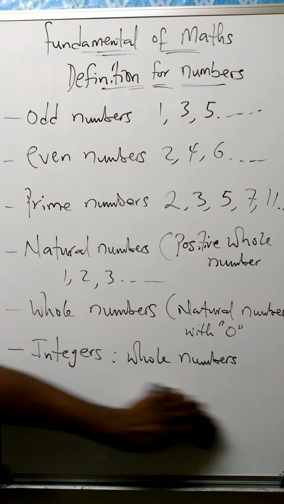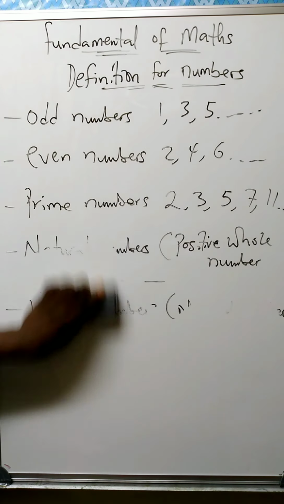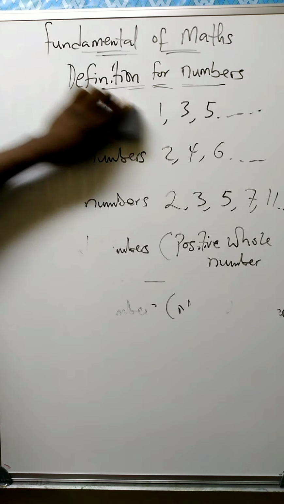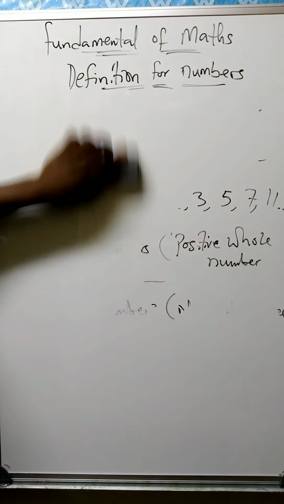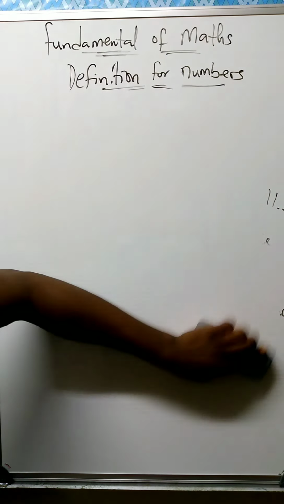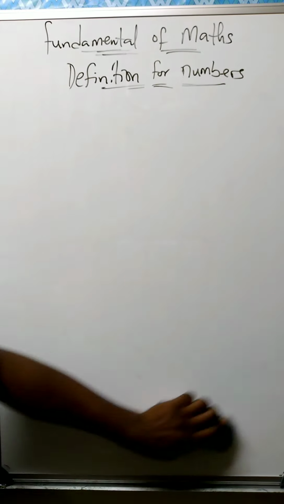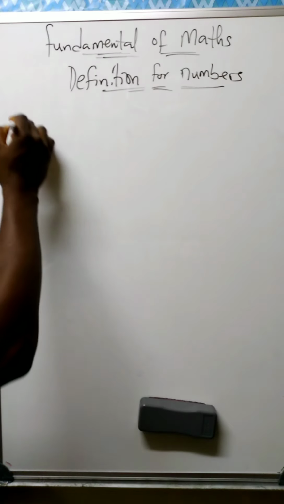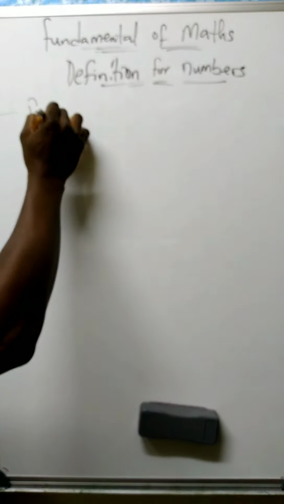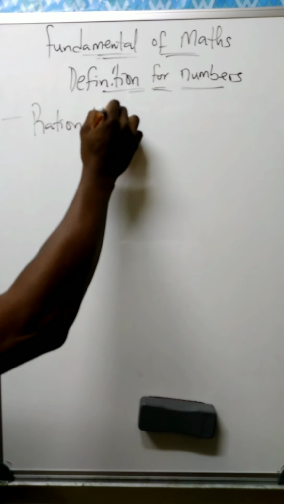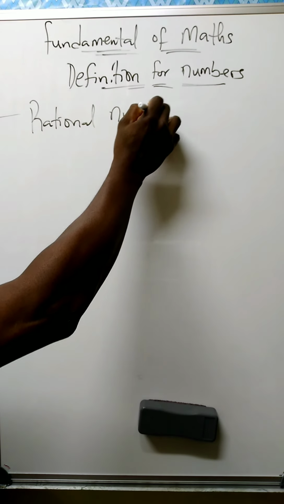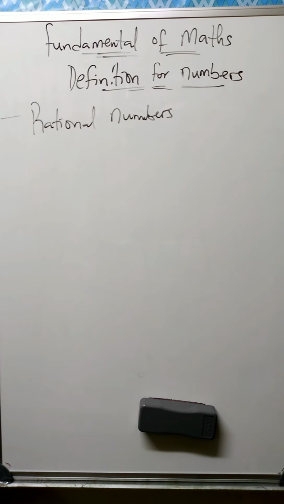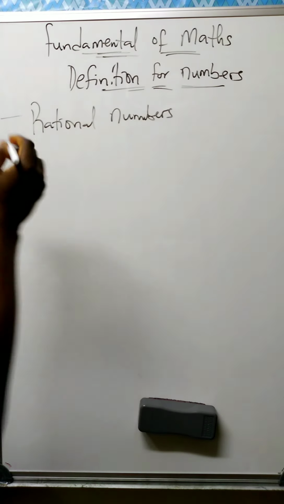Some other definitions of numbers we are going to be looking at. We're going to look at rational numbers. Rational numbers are real numbers that can be written in the form of a fraction.